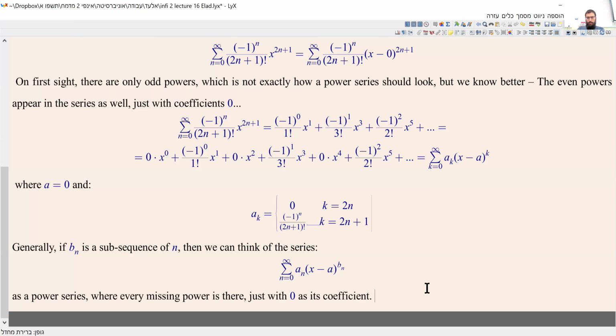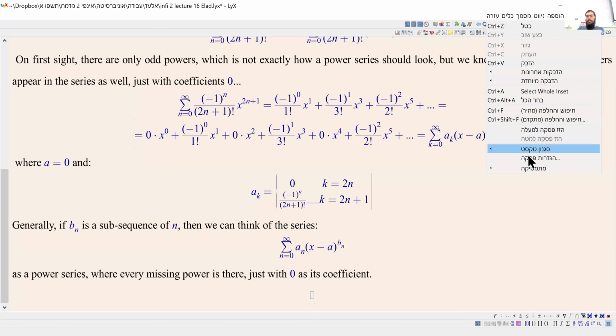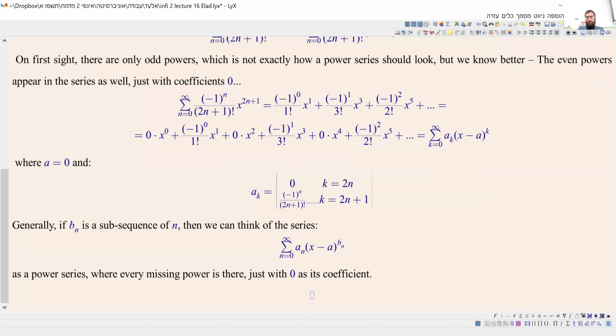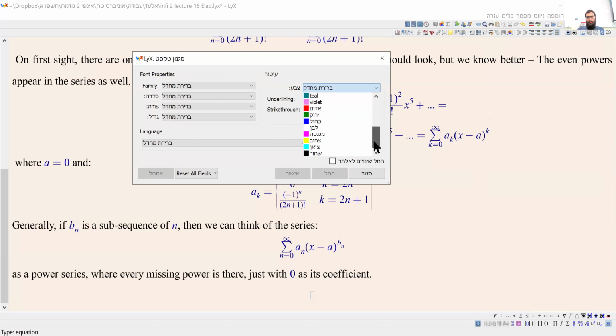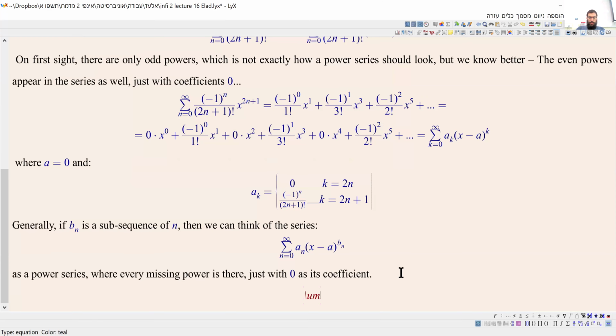For example, let's write down in a different color. Let's say we have a simple series starting from 0 to infinity. The coefficient is just 2, and x is to the power of n squared.